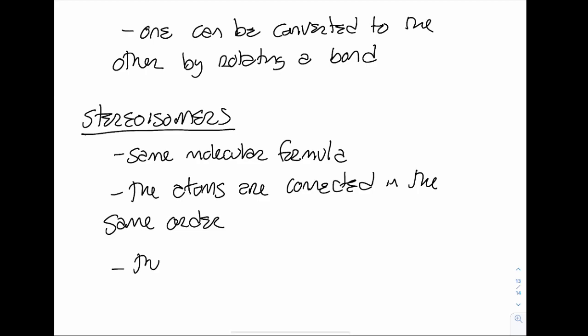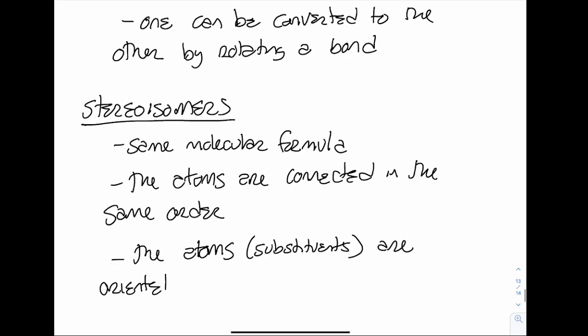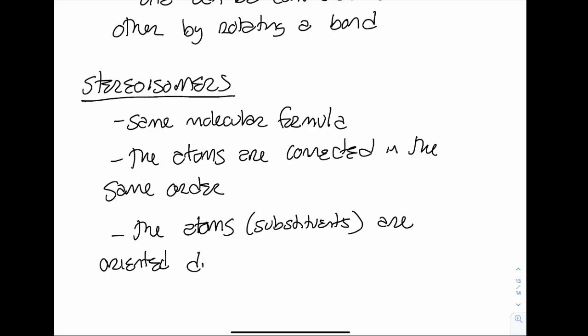So the atoms or groups, it's not all of them, but usually a couple, like the substituents. It could be the entire molecule. We'll look at other types of stereoisomers in chapter 5, are oriented differently in three-dimensional space.